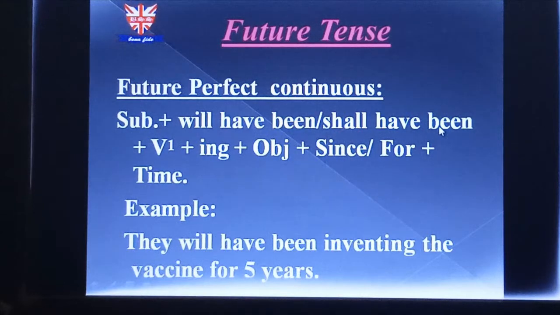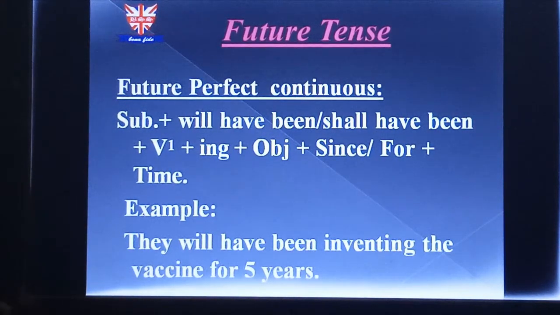In case of present tense, I said have been or has been. In case of past tense, I said had been. And here my helping verb in case of future perfect continuous is will have been or shall have been. Then the left part of the structure will remain same, V1 plus ing plus object plus since or for plus time, as in present perfect continuous and past perfect continuous.